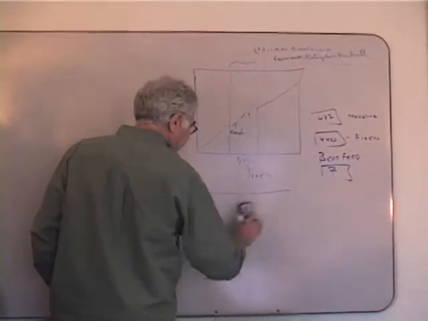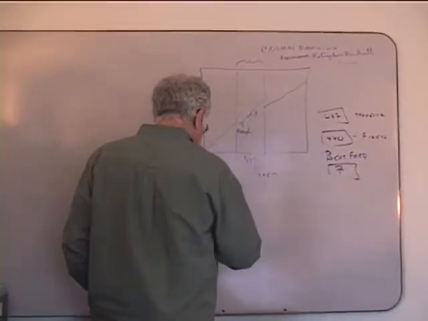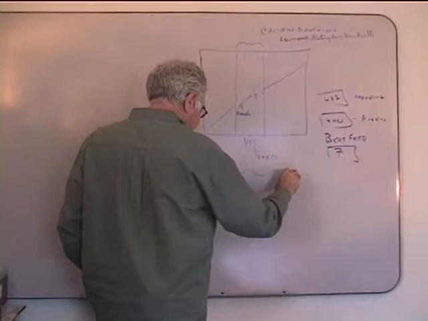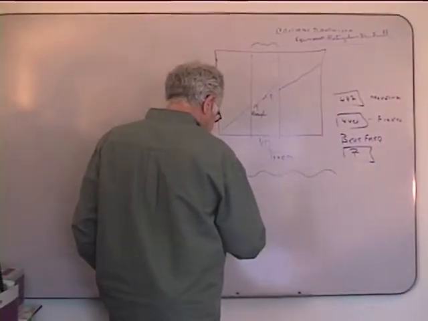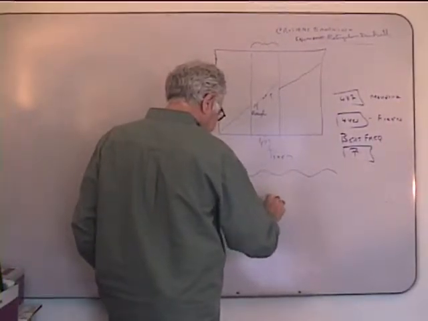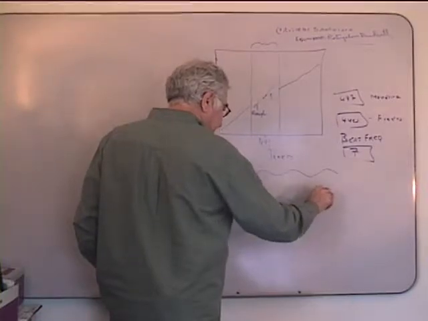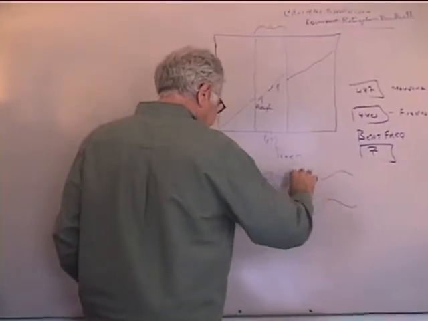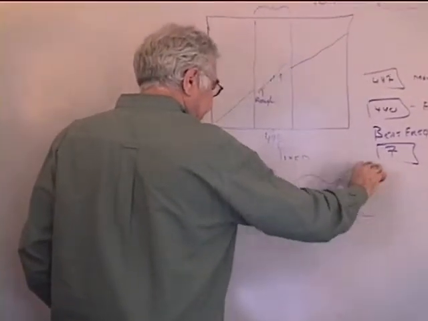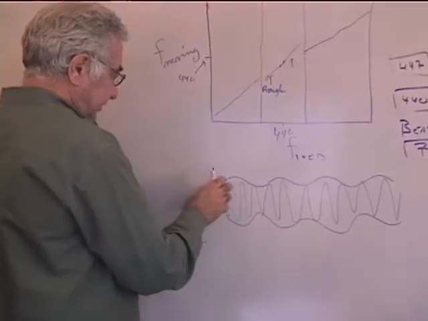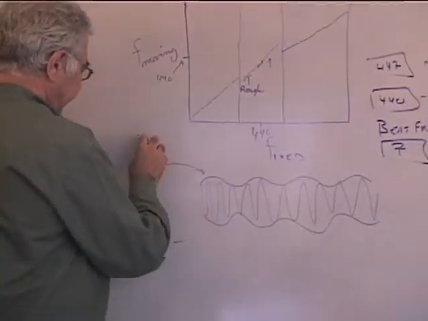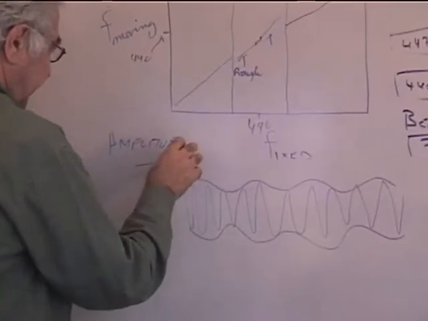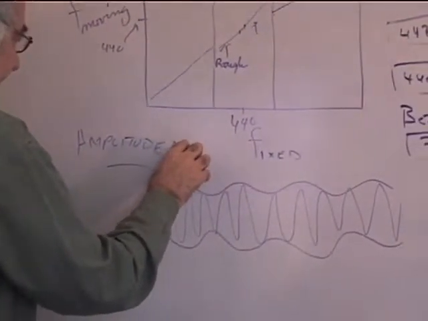What we'll see is that as things beat, here's the waveform, it's being modulated in amplitude. This is amplitude modulation. This part of it here we call amplitude modulation.